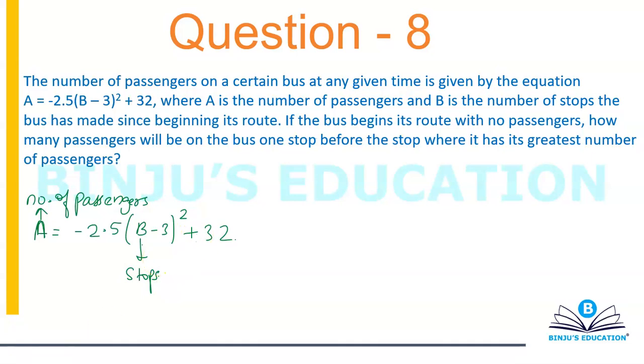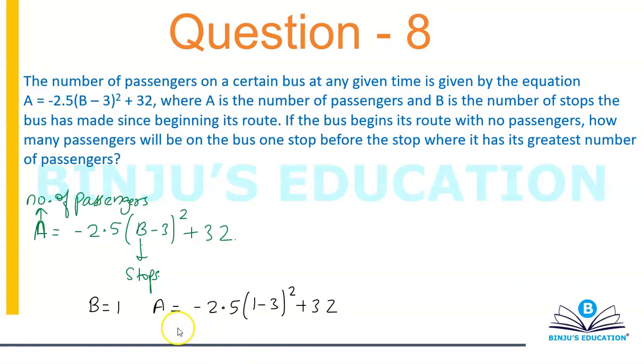So what does this equation basically mean? When you put B is equal to 1, that is the first stop, the number of passengers will be given by minus 2.5 into (1 minus 3) square plus 32. So that is minus 2.5 into 4, because minus 2 square is 4.